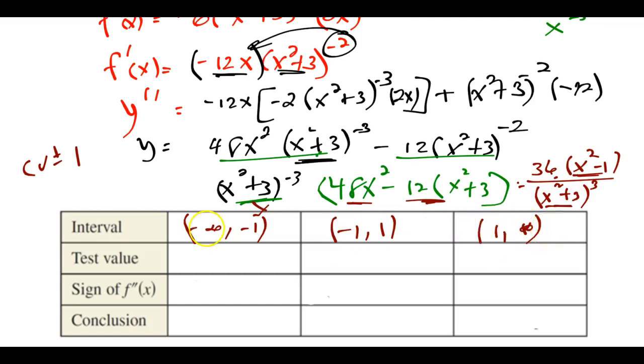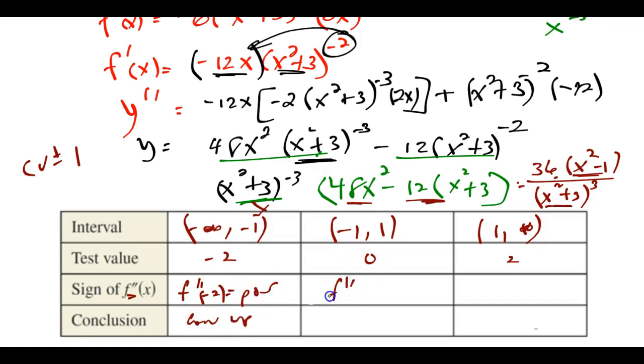So this time, though, I'm testing the second derivative, so I'm going to test a value like, I'll use like -2, anything in that interval, 0 and then 2. So f double prime -2, since that is going to be positive, my conclusion is concave up.